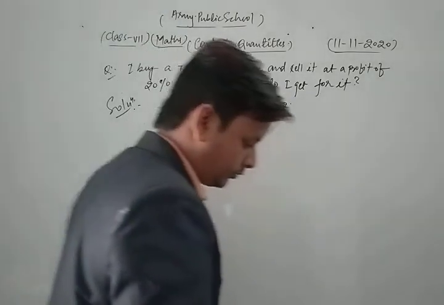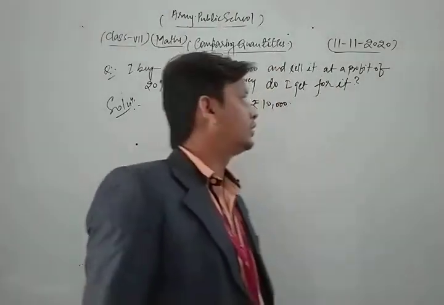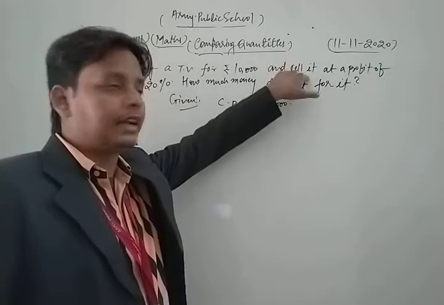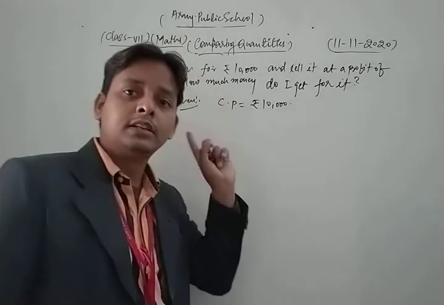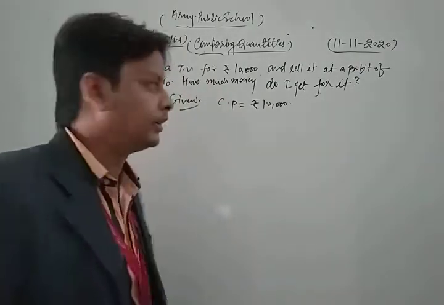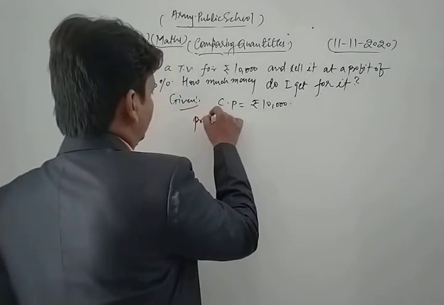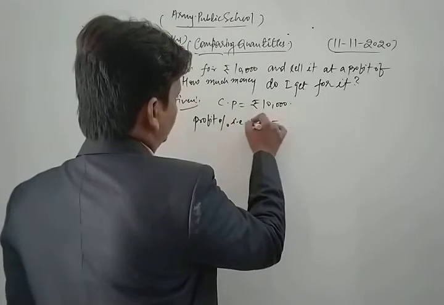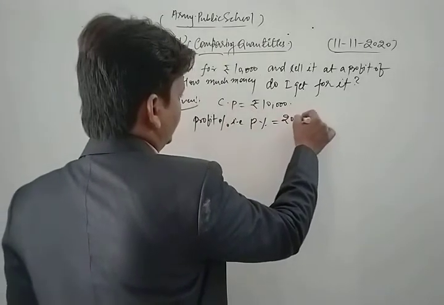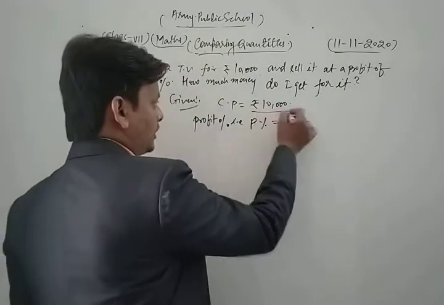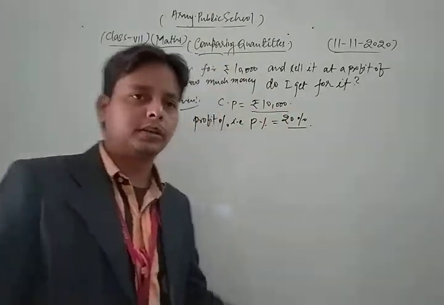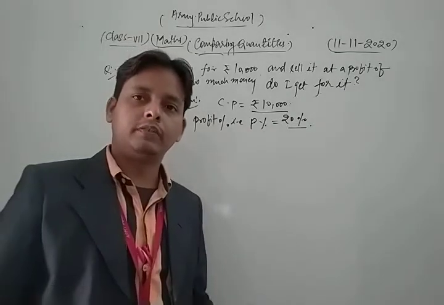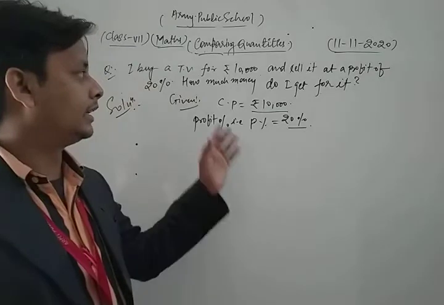The next value given is that the TV is sold at a profit of 20%, which means profit percent is given as 20%. So the cost price of the TV is 10,000 and the profit percent is 20%.